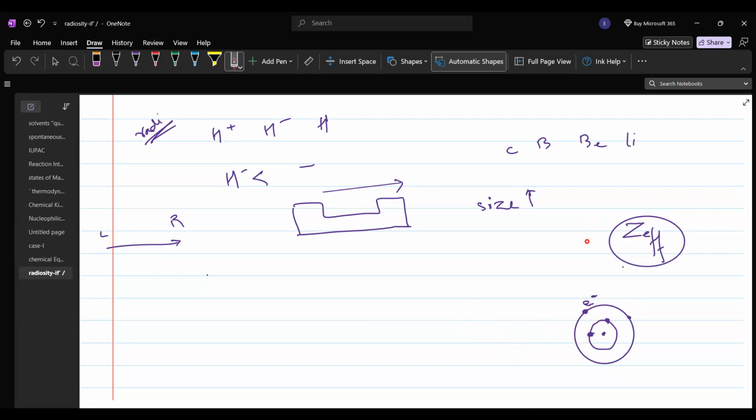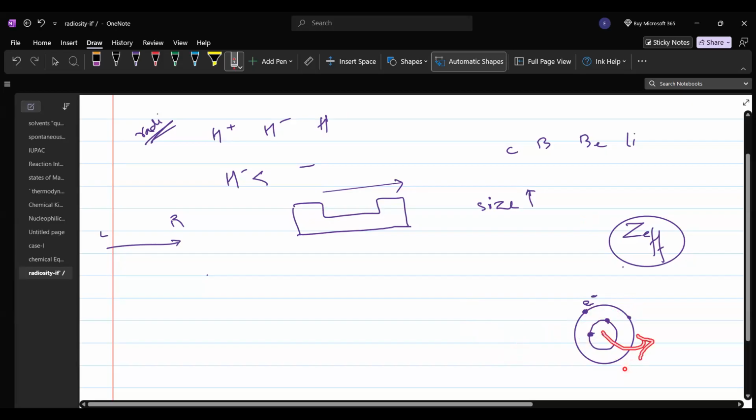Okay, sir. And this nucleus is made up of protons, right? Yes, sir. You may know that the number of protons is equal to Z. We represent it by Z, right? In the structure of atom chapter you may have learned this is called Z. So how effectively the nucleus is pulling is called Z effective.